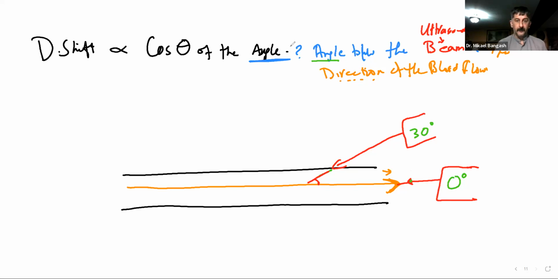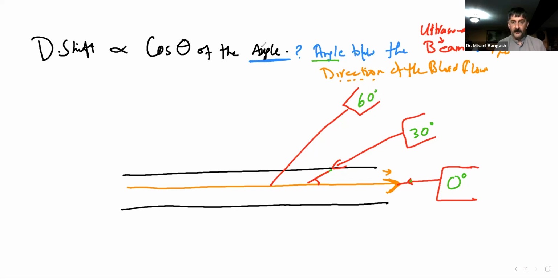Then we go a little bit further. And if we say this, or we can just say that this would be a 60-degree angle. Between what?